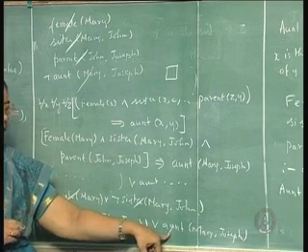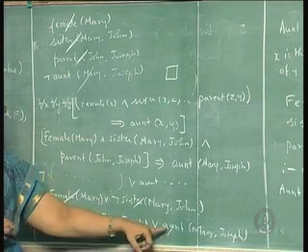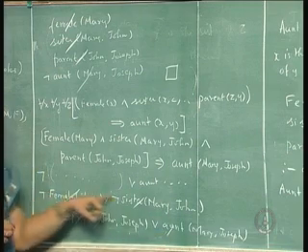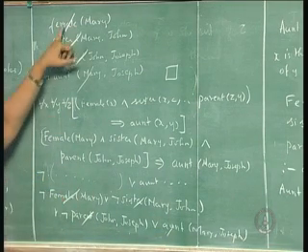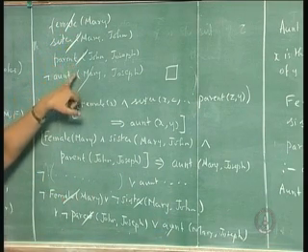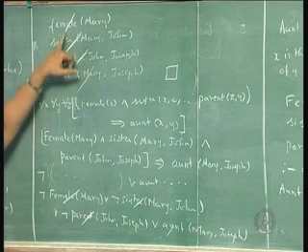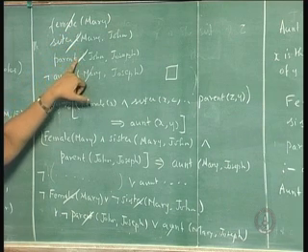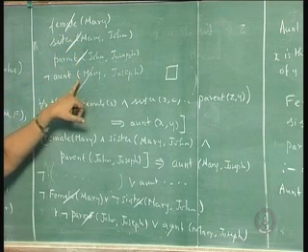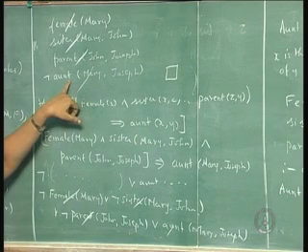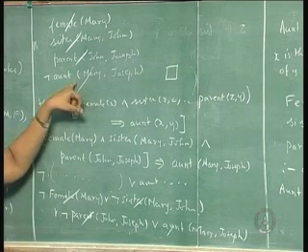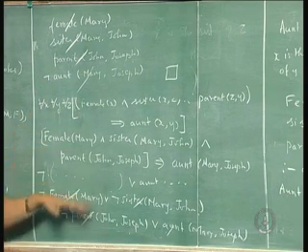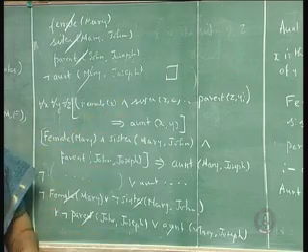It is a headed Horn clause where this is the only non-negated one, the rest of them are negated. Each one of them is a Horn clause. This is headed, this is headed, this is headed, but this is not headed, and with this one headless Horn clause you will be able to use resolution and derive the empty clause.